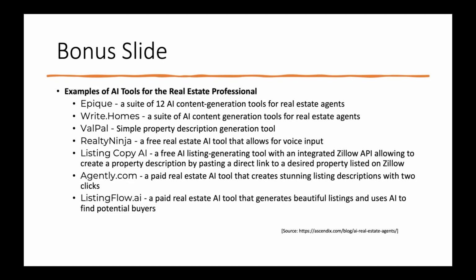Each one of these, however, provides you with a portal or an interface where you can just answer specific questions, and then the tool would build a prompt for you, which then passes to the large language model in the background, and that large language model then generates the content that you're interested in. So these tools don't just do listings, they also do things like blogs and social media posts and the like.